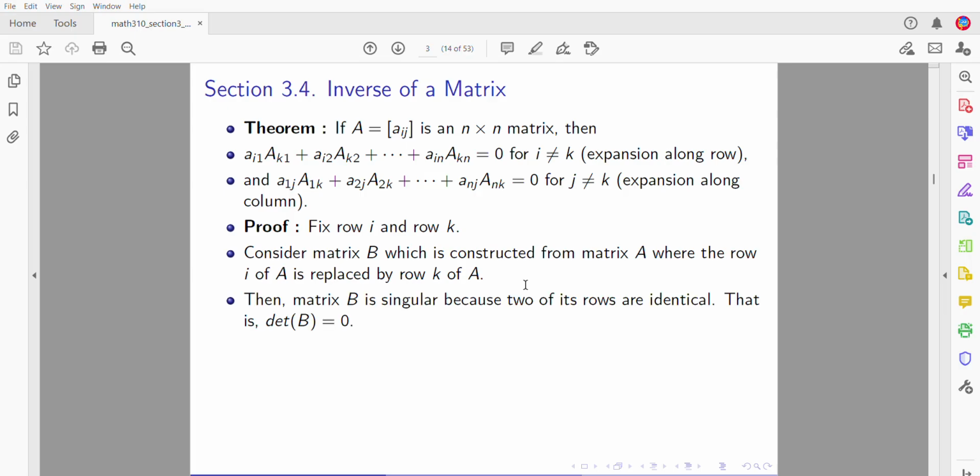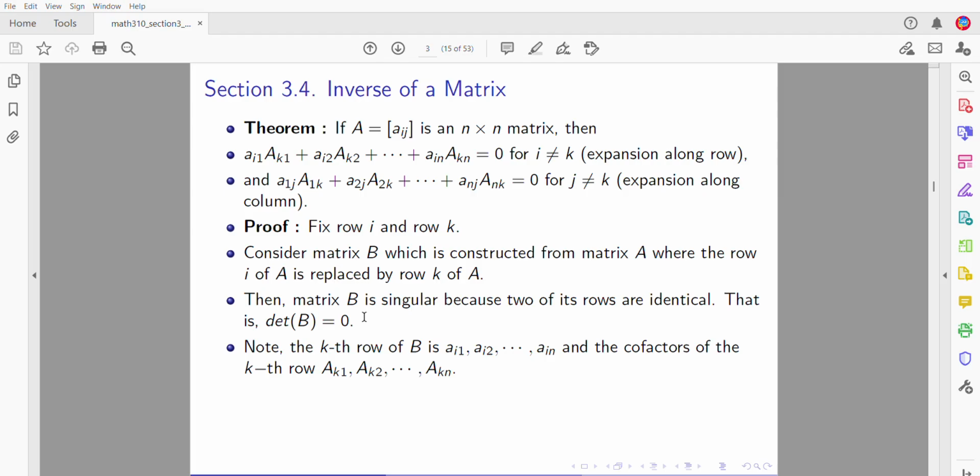Then the matrix B is singular because two of its rows are identical. If you try row echelon form, you can immediately subtract and you get a row of zeros. If you have a row of zeros, then the determinant is 0.